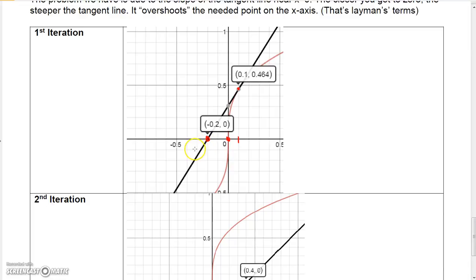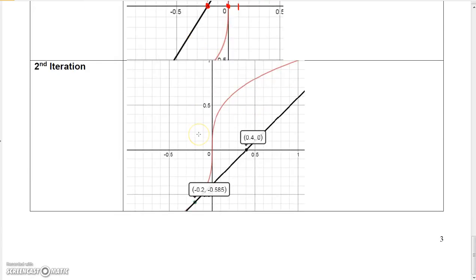And then if we use that value, we're at negative 0.2, and our tangent line hits the graph right here, but the tangent line crosses the x-axis way over here. So in essence, we are getting farther and farther away from the actual solution. So that's an example of where the process fails.